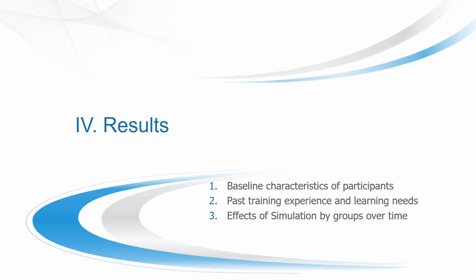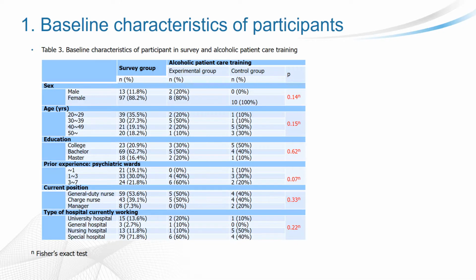Here are the results of this study. It consists of 3 parts. The following are the baseline characteristics of participants. 119 nurses filled out the survey questionnaire, even though the required sample size was 109. 110 questionnaires were finally analyzed, excluding 9 duplicated or incomplete questionnaires.